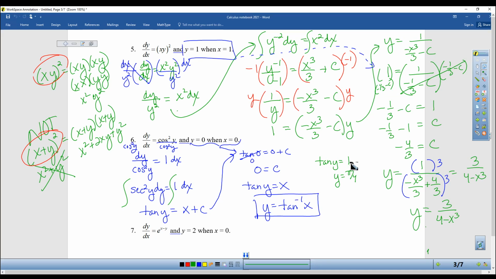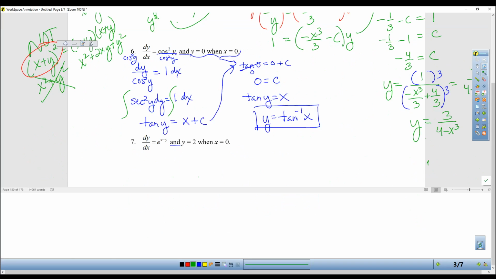But if it was something like 1.083, then the question is, how would you do that? Hopefully you would just say, oh, on my calculator, I'll just do inverse tangent of 1.083, and that'll give me the angle. In this case, it's a little bit harder because they're both variables. But that's how you get the y alone, inverse tangent.